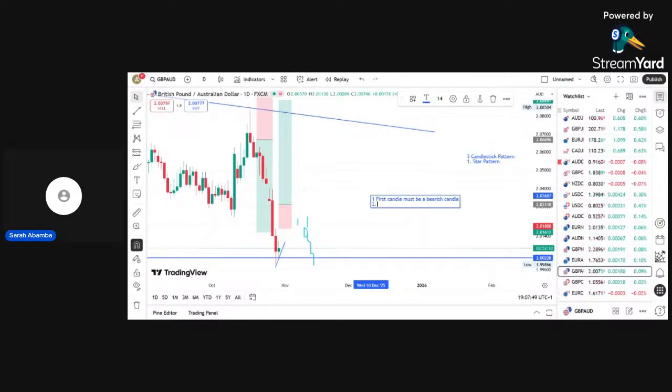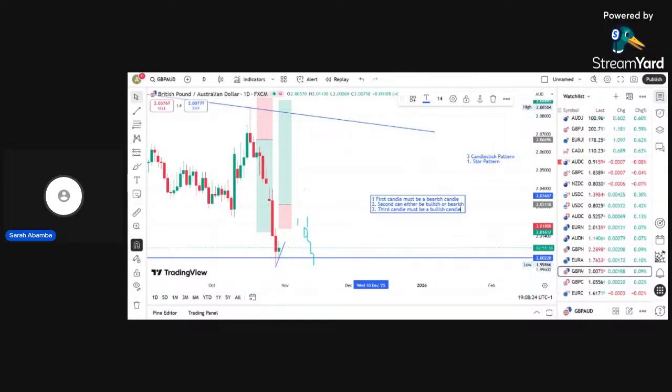Two, second candle can either be bullish or bearish. Three, third candle must be a bullish candle. This is called a bullish star pattern. Hope this is taken.